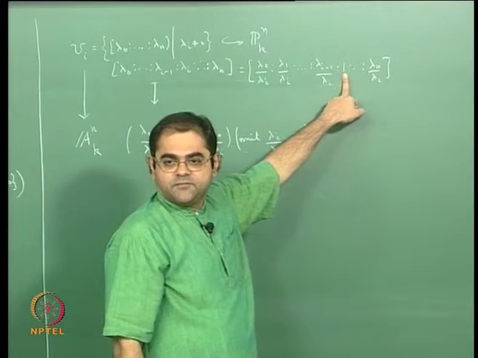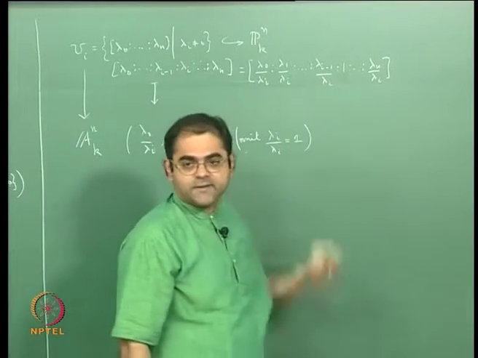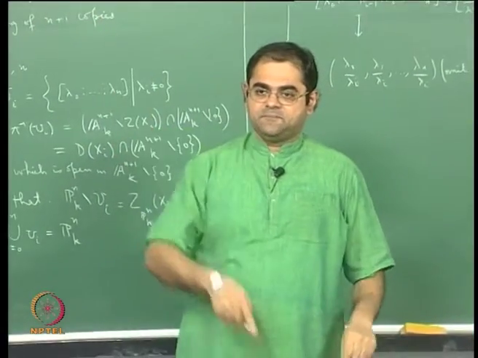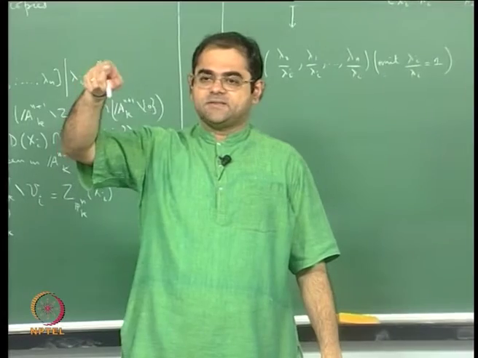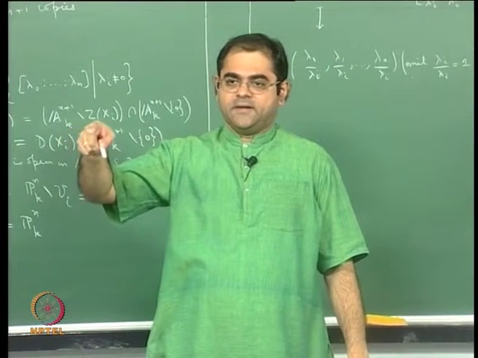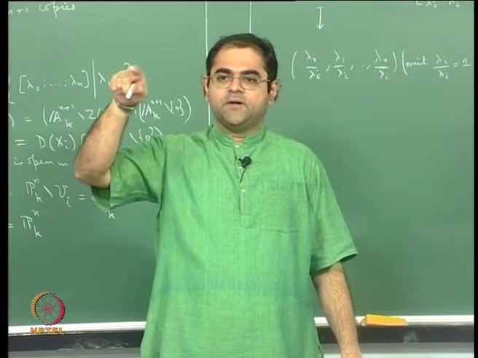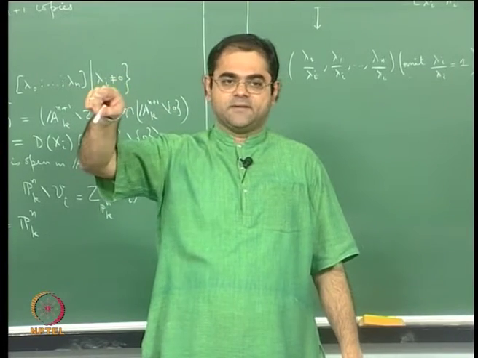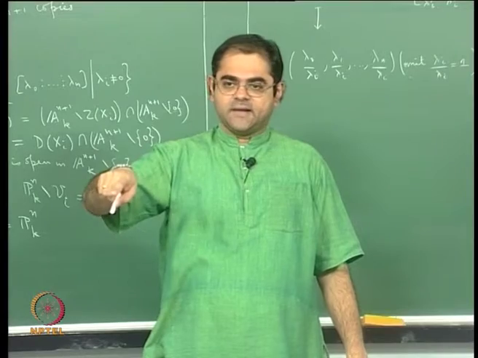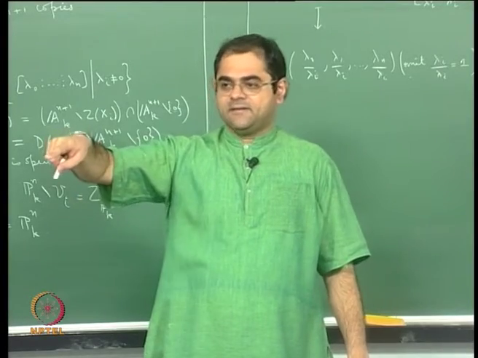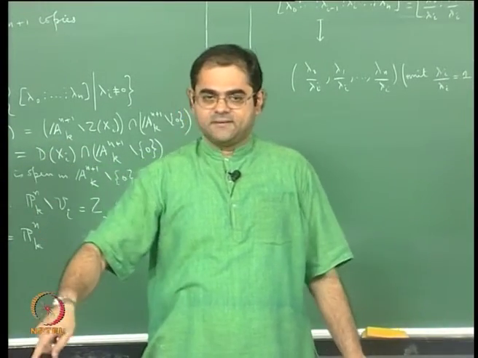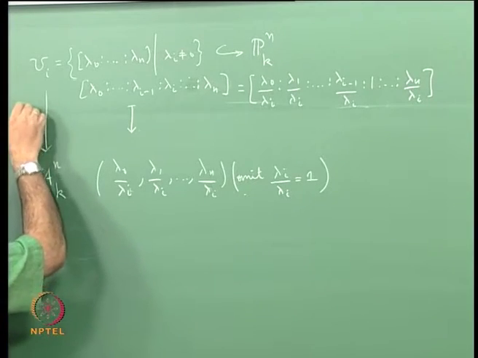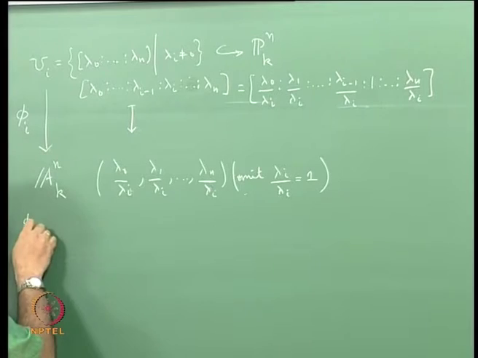So if you freeze the ith coordinate as 1, then for each line for which the ith coordinate is not 0, if you rationalize so that the ith coordinate becomes 1 for a representative point on the line, then the remaining n coordinates are unique. So the fact is that this is a bijective map. Let me call this phi i. Phi i is a bijection.